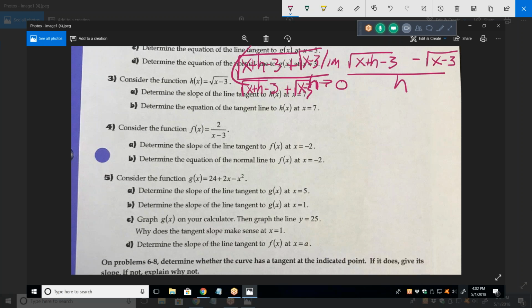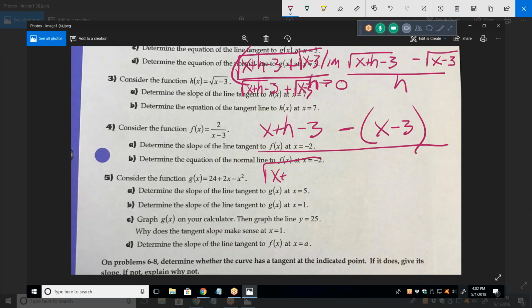Okay. If I multiply the top by the conjugate, then most of the square roots disappear. The left side becomes x plus h minus 3. And then it's difference of squares, so that is minus x minus 3. And the bottom is just this, correct? With me?